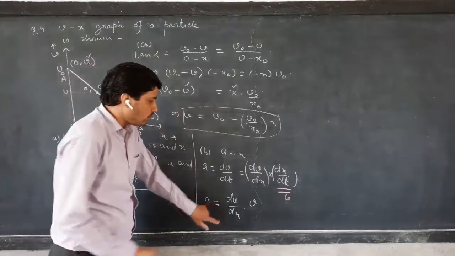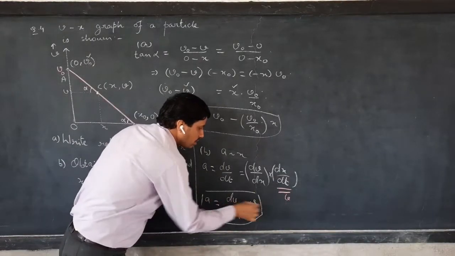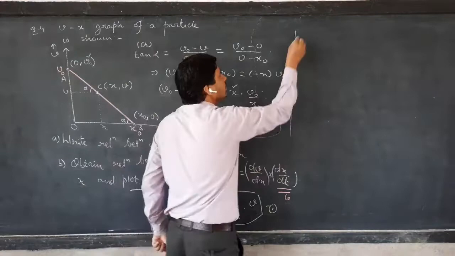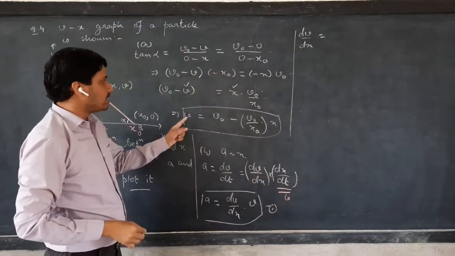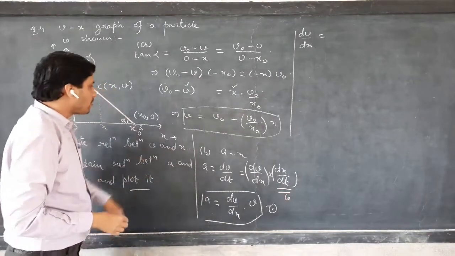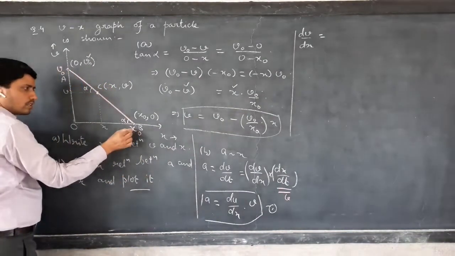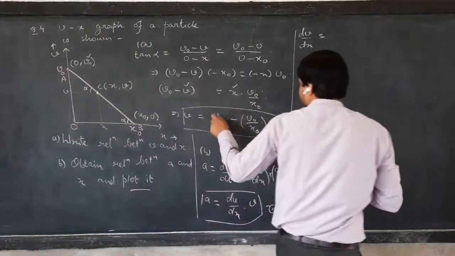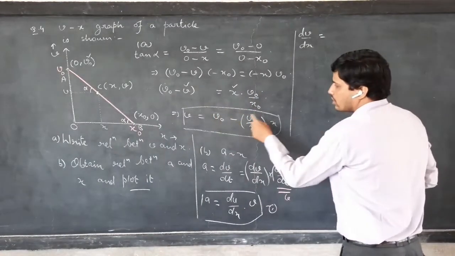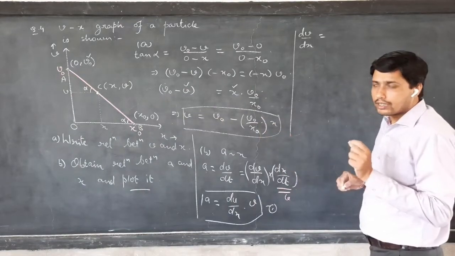Now let us first find dv by dx. Let me put this as equation number 1. Now, what will be our dv by dx? dv by dx is the derivative of this. But remember students, these numerals x naught, v naught, they are constants. So when you differentiate this with respect to x, v naught, x naught are to be taken as constant.